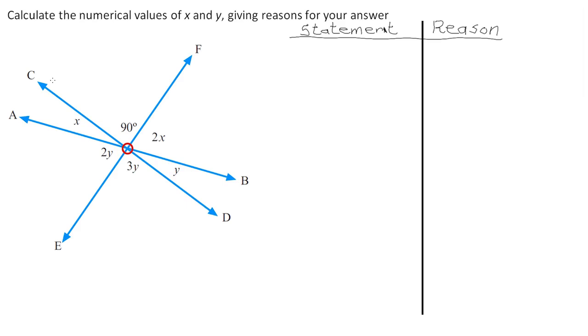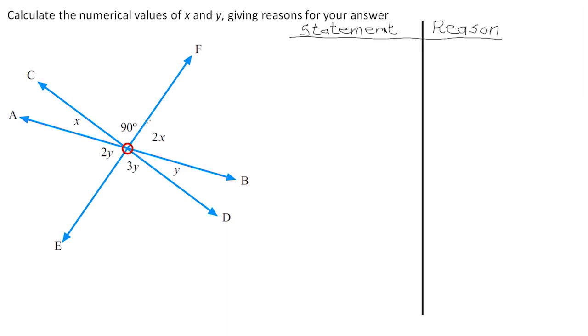You all can see there that we have 1, 2, 3, 4, 5, 6 angles around point A. And the theorem states that angles around a point add up to 360 degrees, which means that after we've solved x and y, we will obviously, once we test it, find that x plus 2y plus 3y plus y plus 2x plus 90 should all add up to 360 degrees.